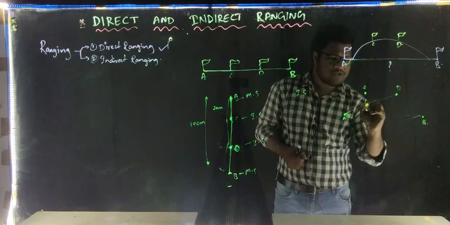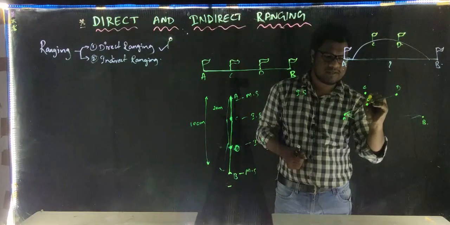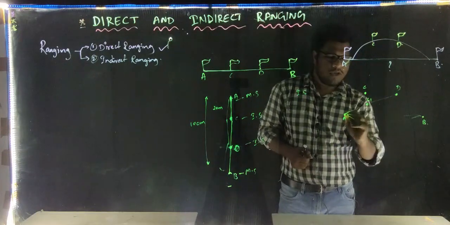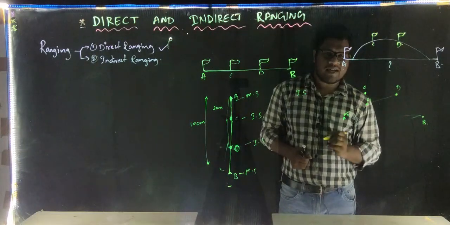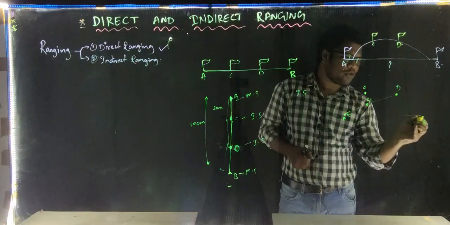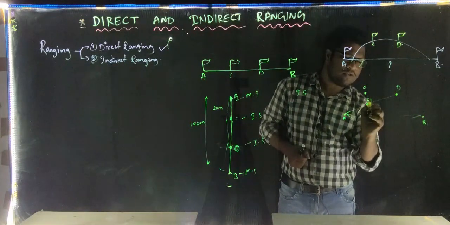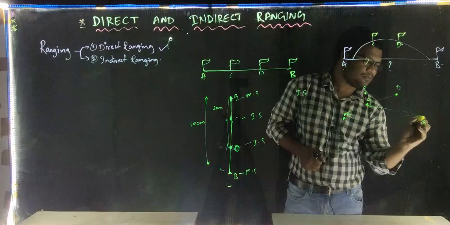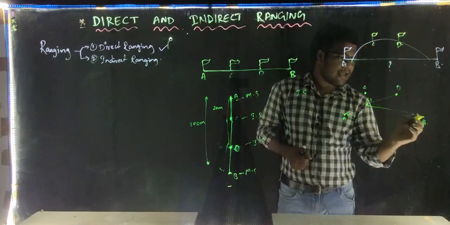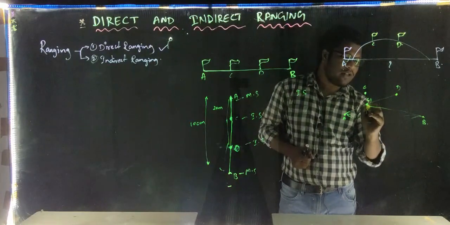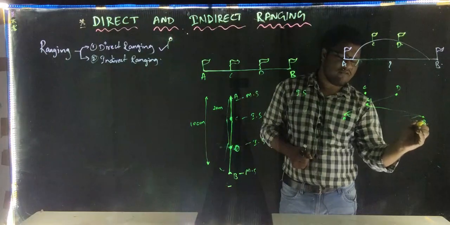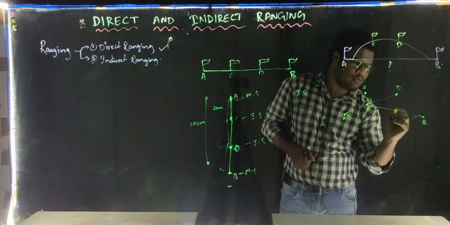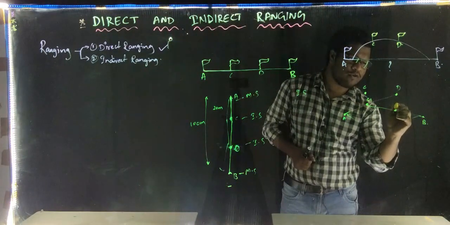Then it comes into a new position C1. Now A, C1 and D are in a straight line. Then from B I sight to C1 like this, and here again I ask D to move into the line C1B. D moves into a new position, D1.